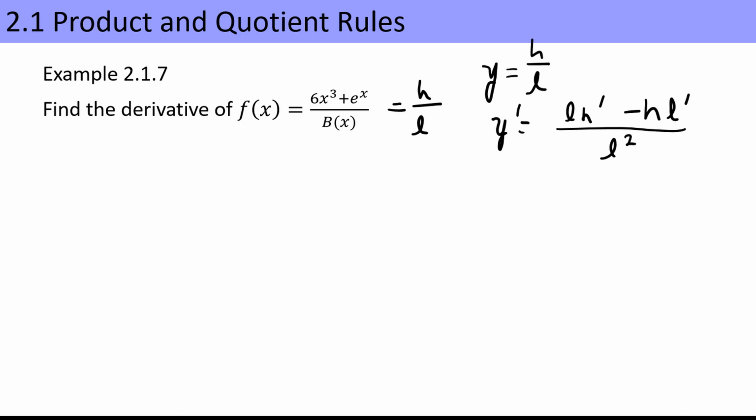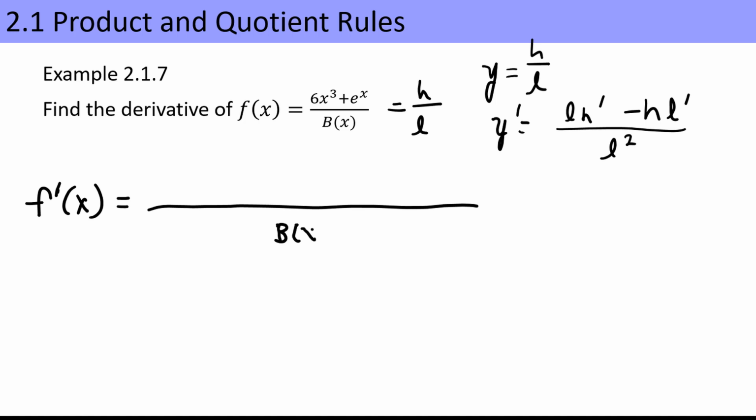So now let's find the derivative. We'll have f prime of x is equal to, and I'll start with the quantity, the function b of x squared. Don't want to forget that. And now let's fill in the pieces. The low is b of x times the derivative of 6x cubed plus e to the x.